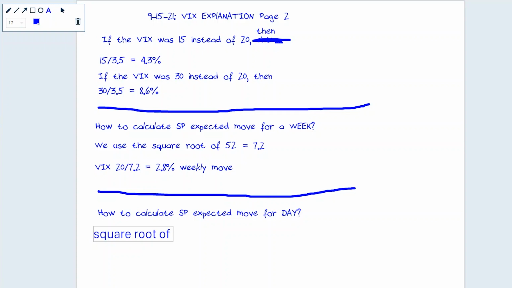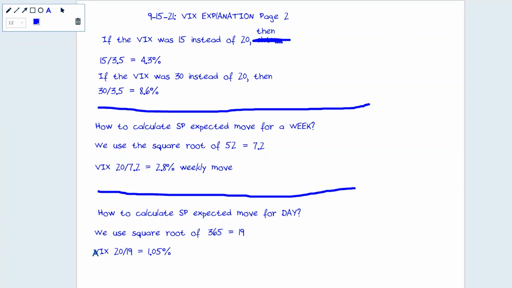Options still decay on a daily basis, even on weekends, even on holidays. So we use the square root of 365, which is roughly 19. So a VIX of 20 divided by 19 gives us 1.05. So if the VIX is trading at 20, that is representative of the market moving 1% a day.